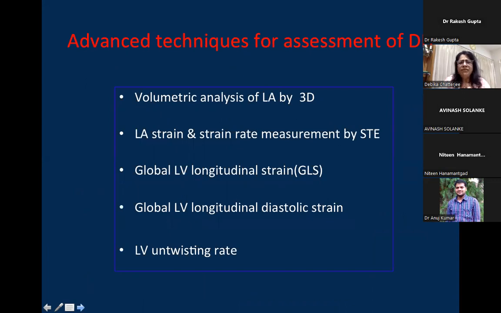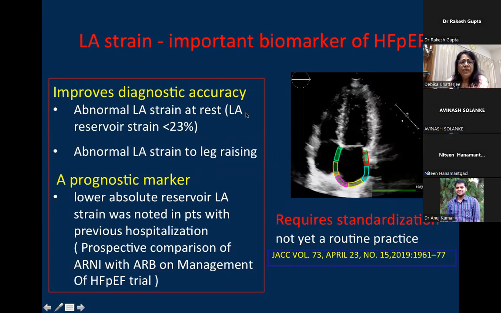There are certain advanced techniques also for assessment of diastolic dysfunction, like volumetric analysis of the LA by 3D, LA strain, global LV longitudinal strain, longitudinal diastolic strain, and LV untwisting rate. Out of these, the LA strain has gained popularity because medical literature has demonstrated that LA strain is an important biomarker for early HFpEF patients.